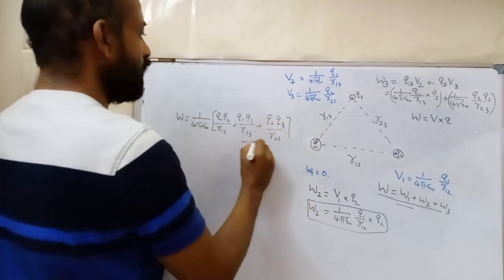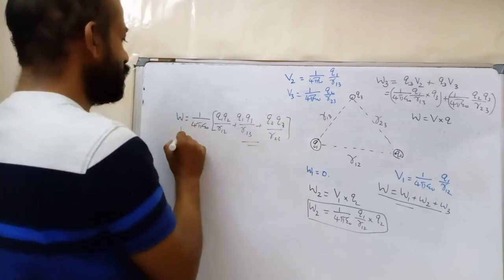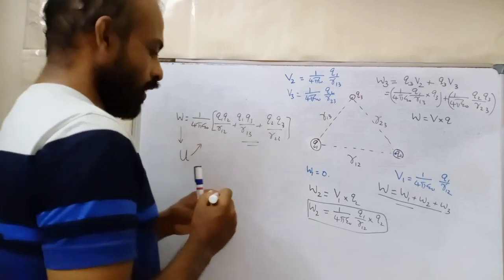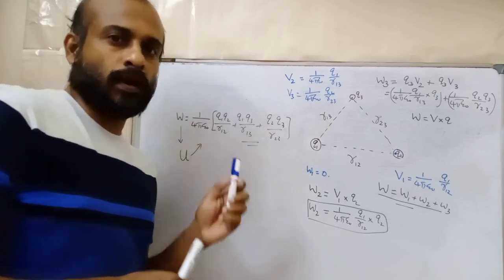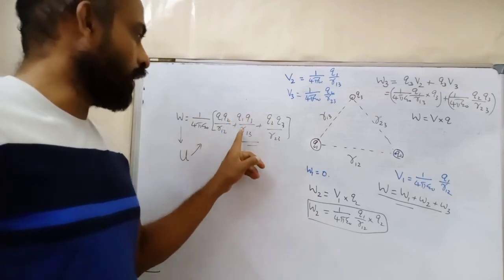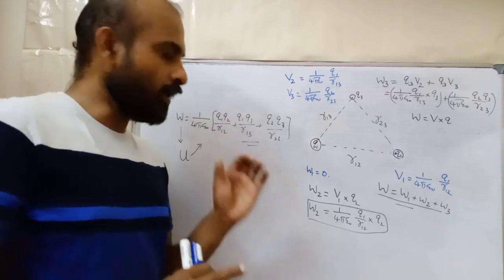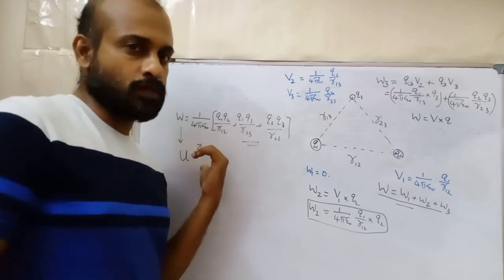This is the net work done, and it is equal to potential energy, for which we give the symbol U. So U is equal to 1 by 4 pi epsilon 0 Q1 Q2 by R12 plus Q1 Q3 by R13 plus Q2 Q3 by R23. This is the total work done and it is equal to the total potential energy of the system.